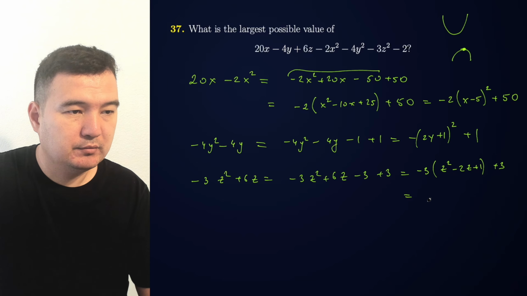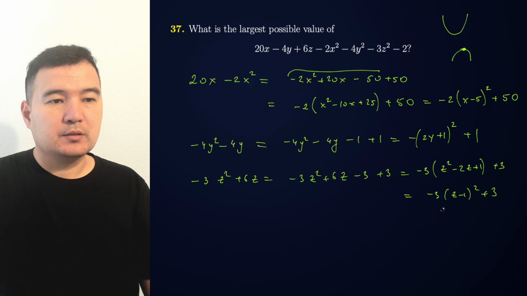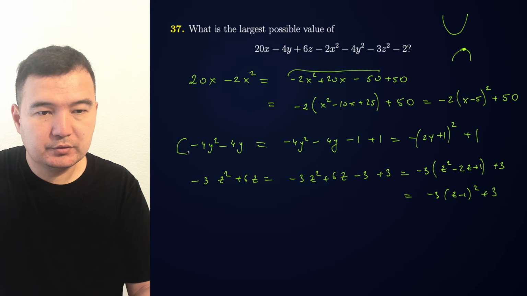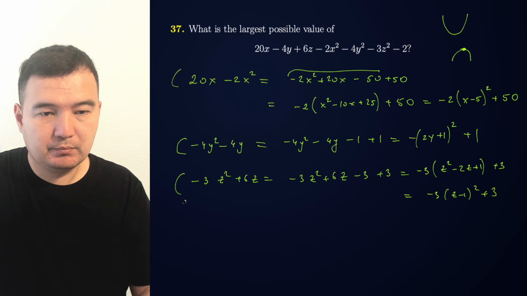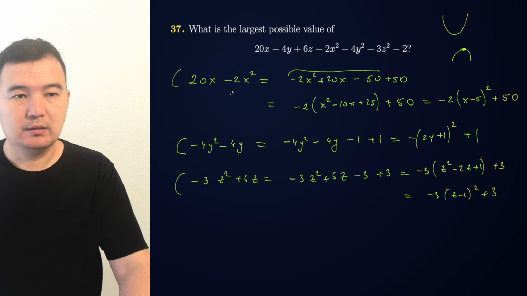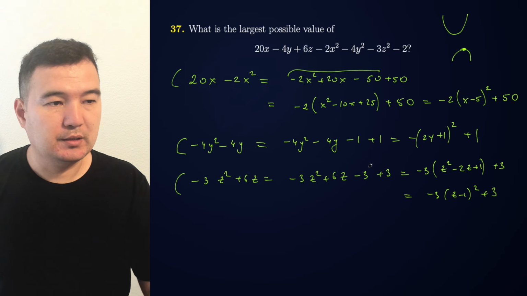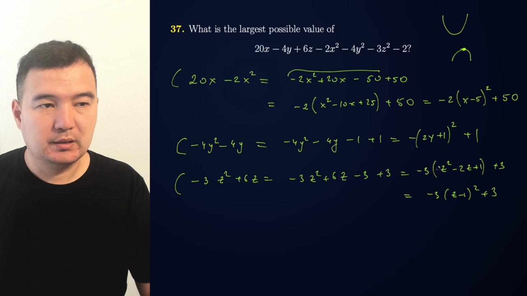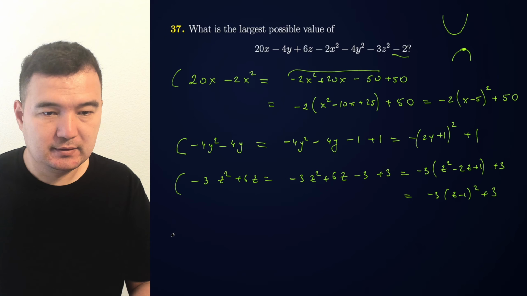And that gives me minus 3 times (z minus 1) squared plus 3. So for all three parts of the original expression, I have quadratic forms, right? And the final minus 2 is still there.